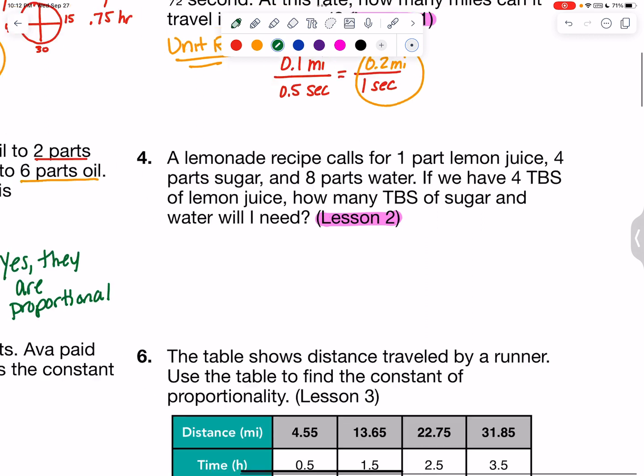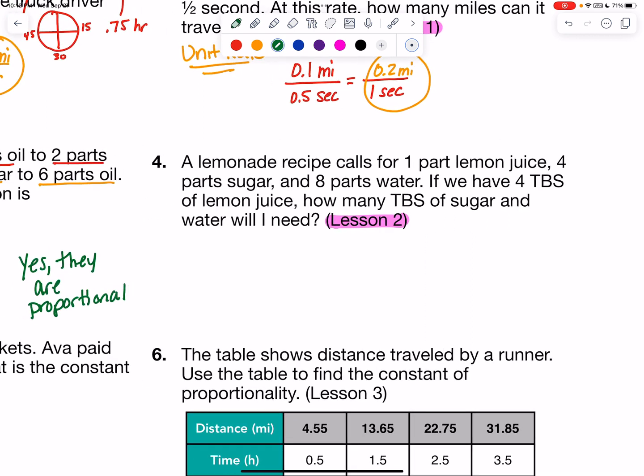Your next one is a lemonade recipe that calls for 1 part lemon juice, 4 parts sugar, and 8 parts water. If we have 4 tablespoons of lemon juice, how many tablespoons of sugar and water will I need? So this is one of those triple ratios, so we can't write it as a fraction.